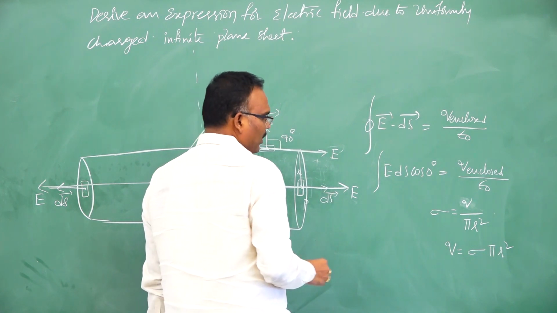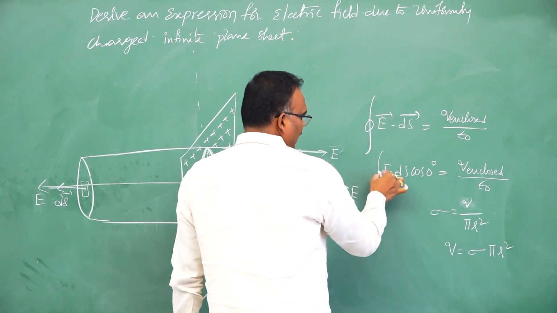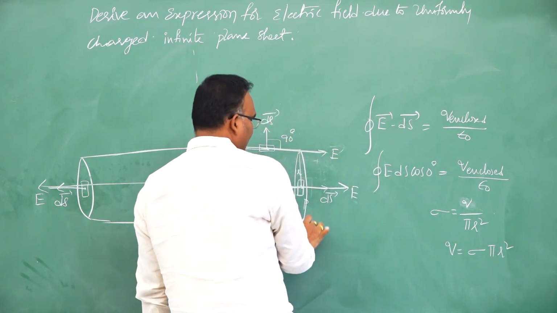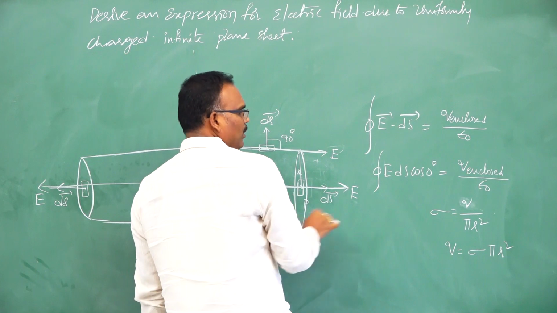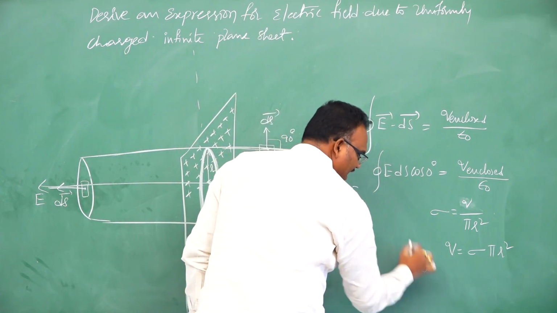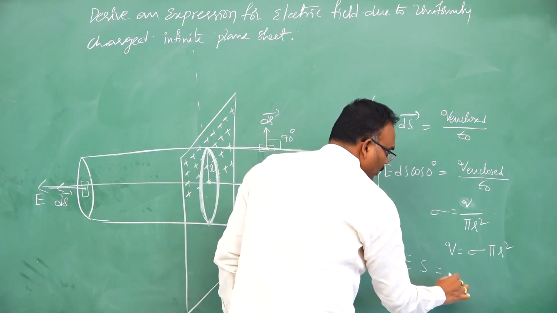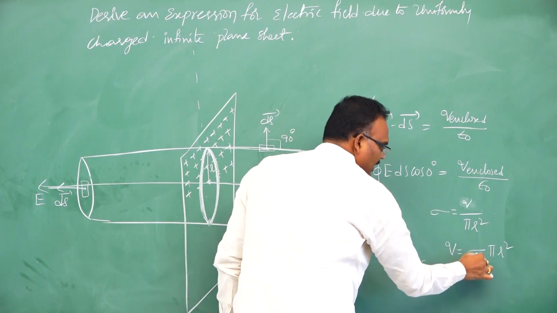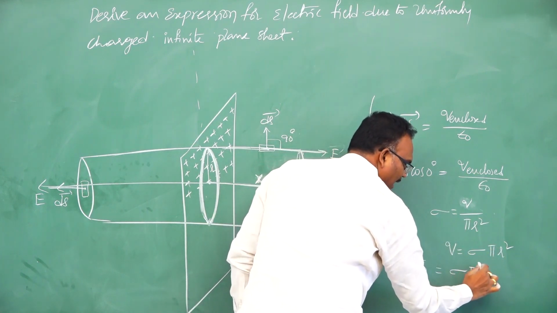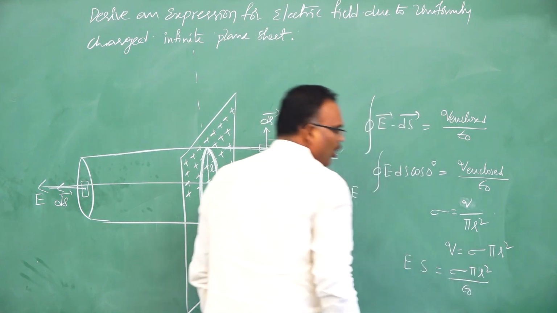Okay, so now see this. Cos 0 is 1, and the electric field at any point on this circle is the same. So E can be written outside. So E into integral of ds is S into 1, that is equal to charge enclosed, sigma pi r square, divided by epsilon naught.